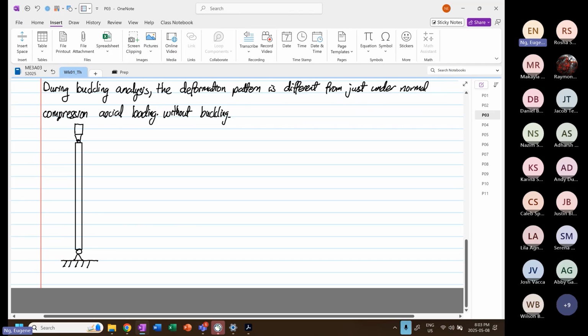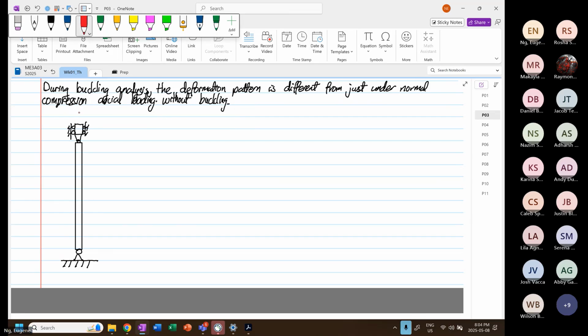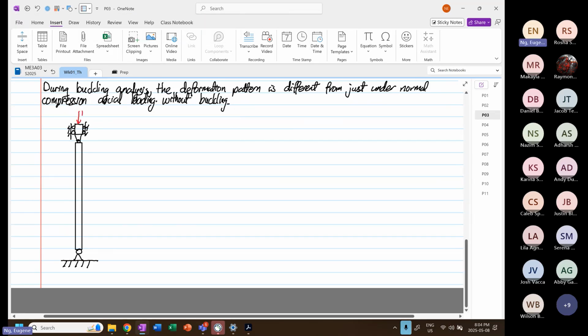And then we have a block down here. This block can only slide up and down. And then we have a load. We have a load now acting here, P. Okay.